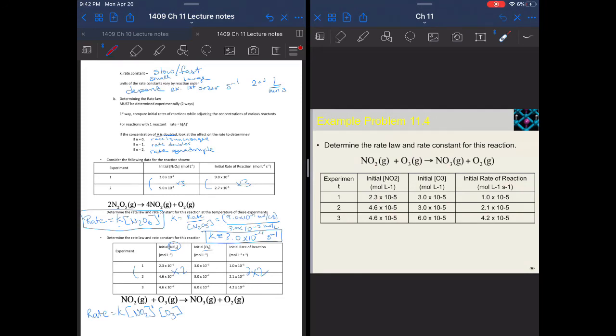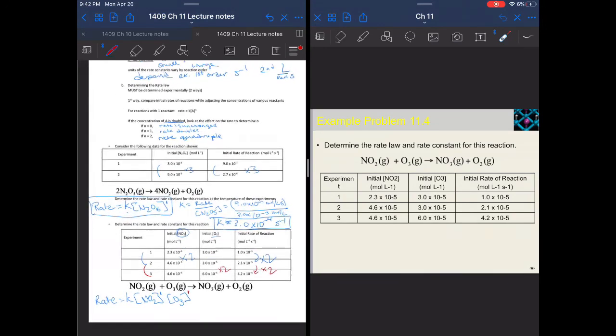So I couldn't compare 1 and 3, even though O3 is changing. I have to compare 2 and 3. Now, from 2 to 3, the concentration of O3 is doubling. As I go from 2 to 3, for rate, I also see that it's doubling. So this one is also first order.